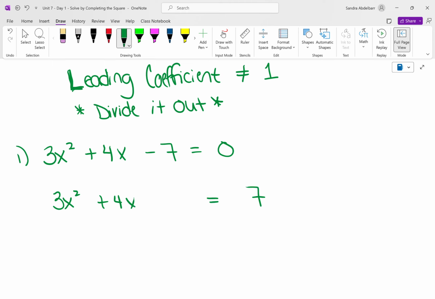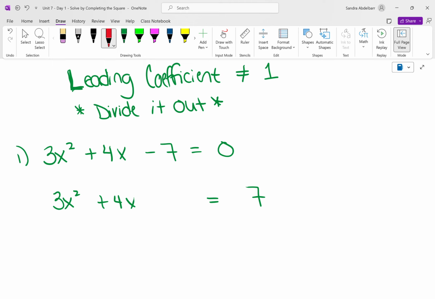So I'd still move that 7 over, so 3x squared plus 4x equals positive 7. But we do not want to complete the square when there's a leading coefficient. So in this scenario, I'm going to ask you to divide it out.